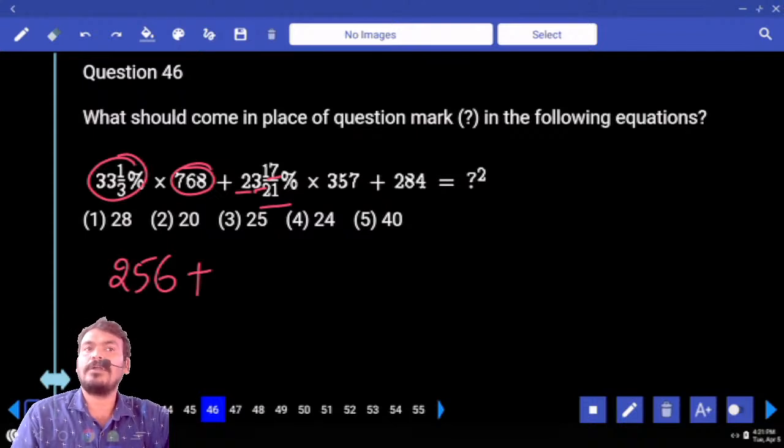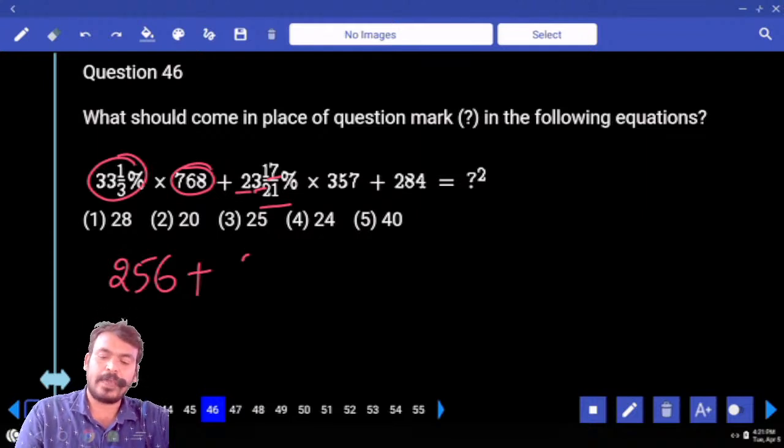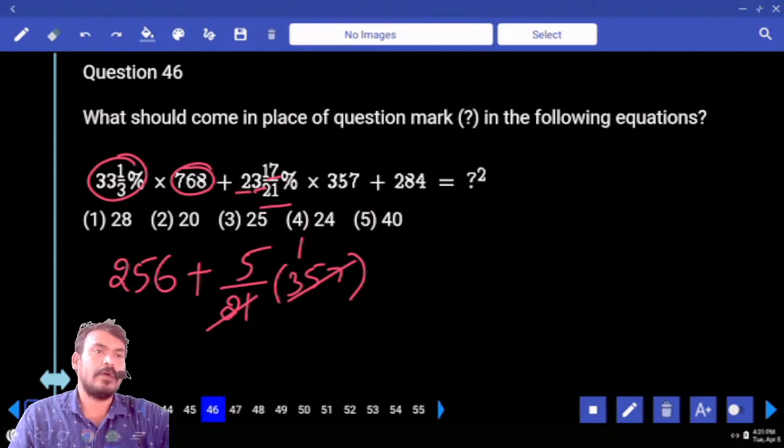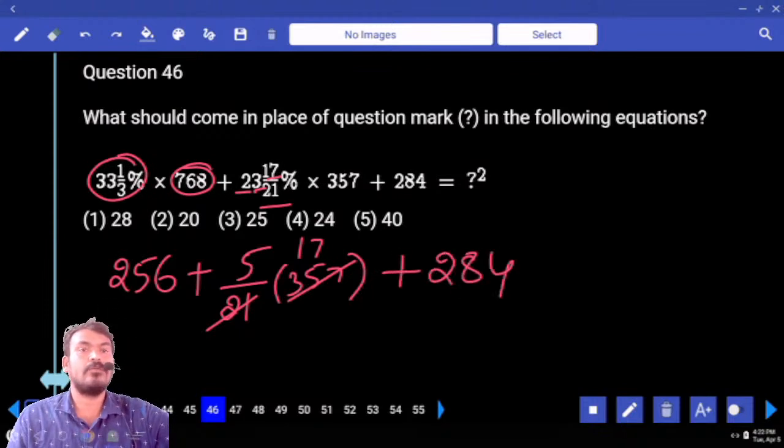Means 500 by 2100, or not? Zeros are cancelled. It will be 5 by 21 of which value? 357, or not? 21 ones are how much? 21. Remaining value 147. How many times? 7 times, or not? Plus 284, or not?